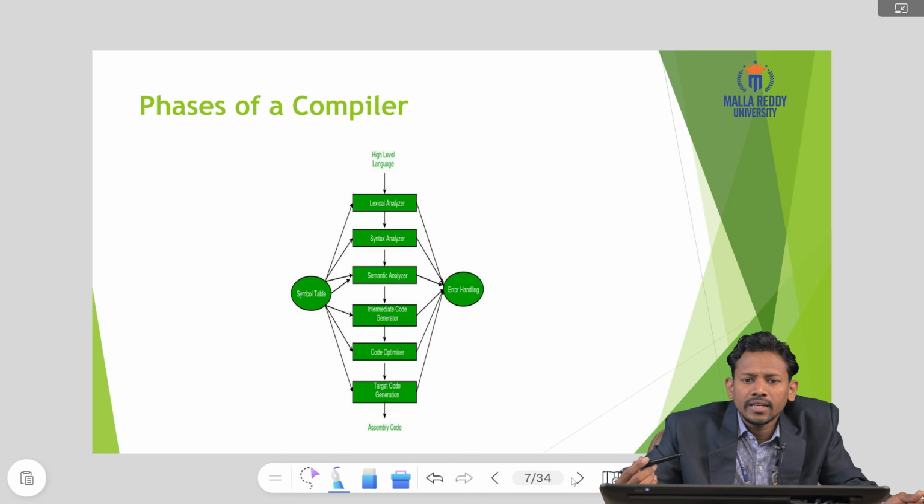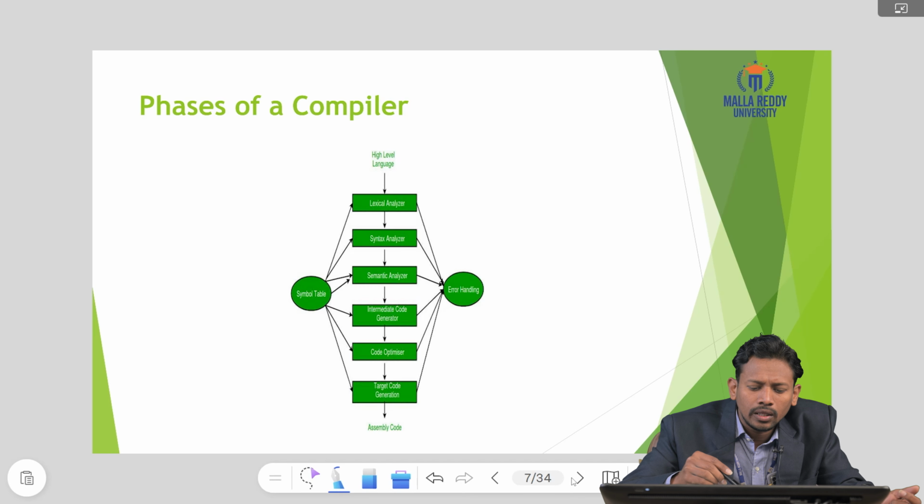Let us see the phases of the compiler, that means how compilers are implemented. Every instruction from the high-level language written by the users, developers or programmers should be translated to machine-level language that is understandable to the processor. While translating, every instruction in the high-level language is passed through these phases.